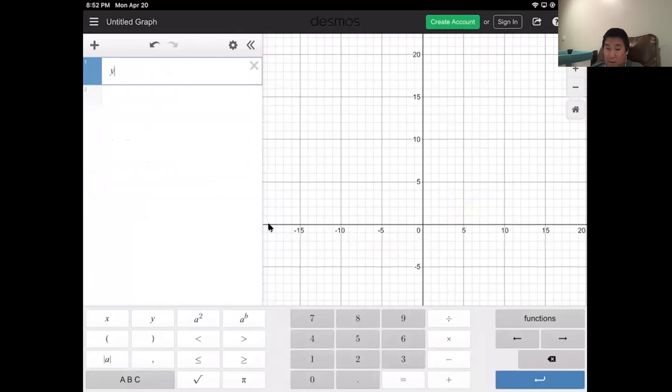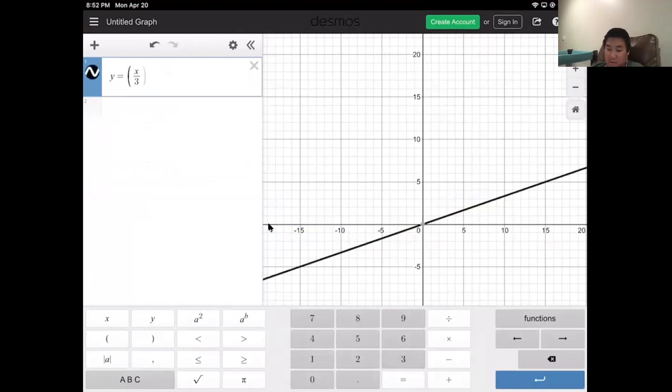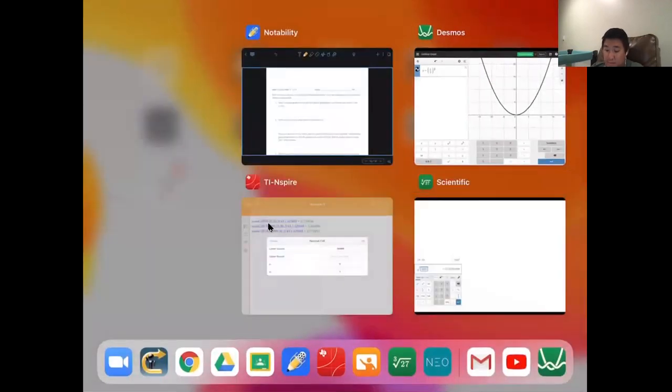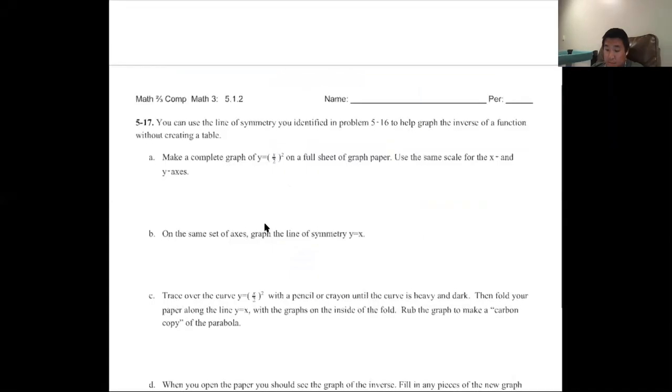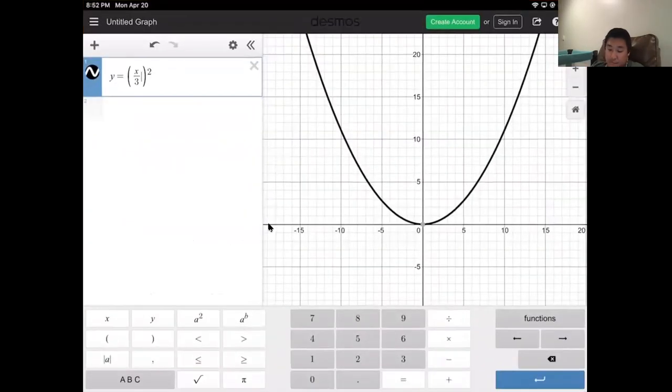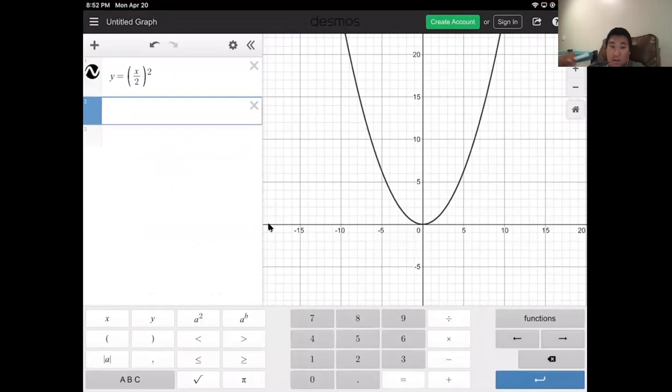So y equals x divided by 2 squared. And line y equals x.